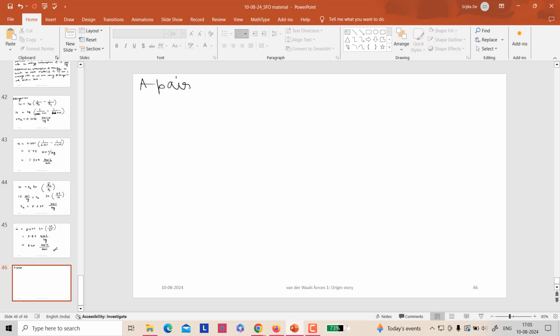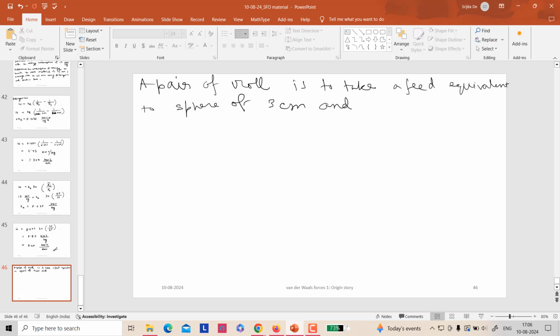A pair of rolls is to take a feed equivalent to a sphere of 3 centimeter and crush them to a sphere of 1 centimeter diameter.